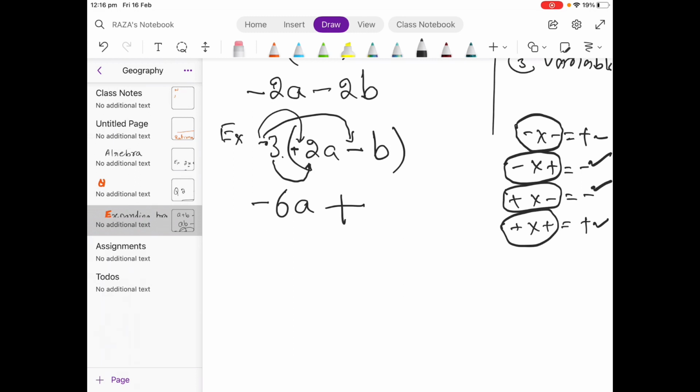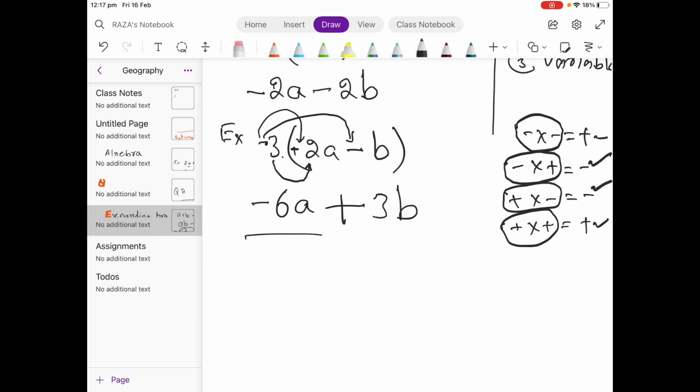These are the things which you have to remember. Now negative 3 with negative b will be positive 3b. First we applied negative, negative, positive. 3 with any number: b doesn't have a number, so 3. And then the variable, we have one variable which is b, so b stays as it is.